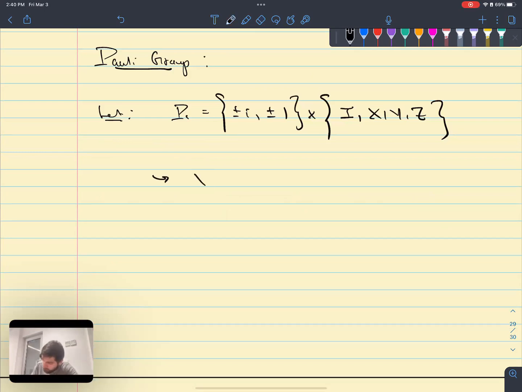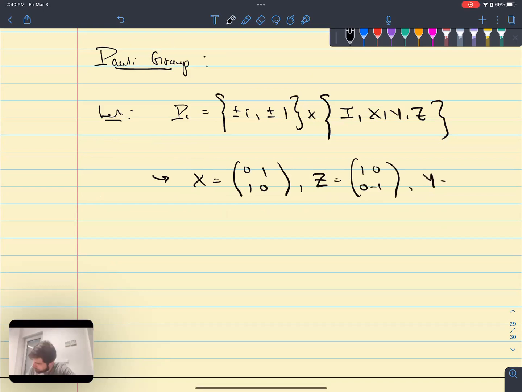I'm not going to reproduce this one. X is [[0, 1], [1, 0]]. Z is [[1, 0], [0, -1]]. And Y is equal to i Z X.